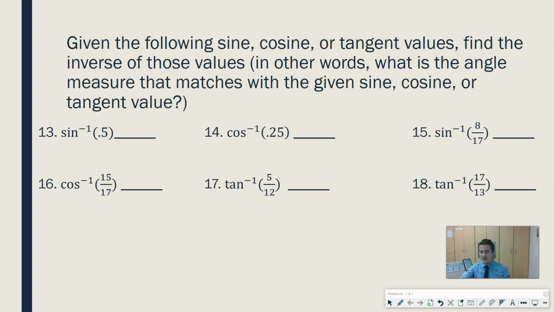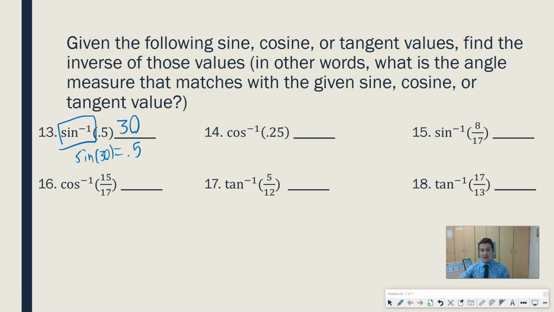If I push the second button and then sine, it pops up with this little sign of -1. If I type in the inverse sine of 0.5, I get 30. So basically that's saying the sine of a 30-degree angle would be 0.5. The fraction of the opposite and hypotenuse sides in a 30-degree triangle would be 0.5.